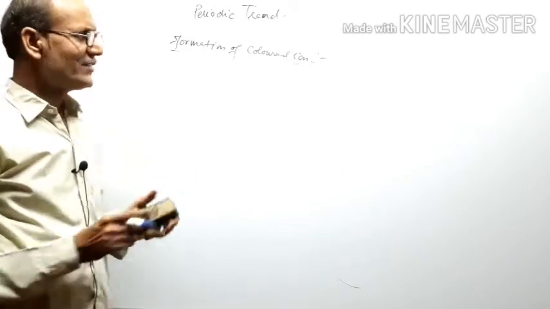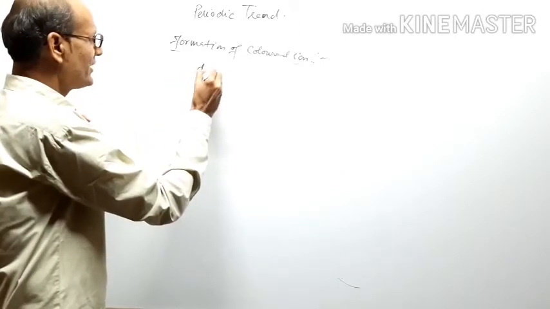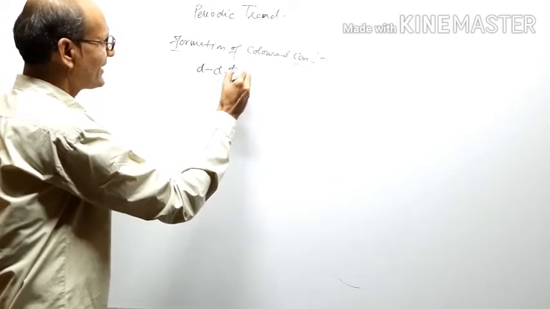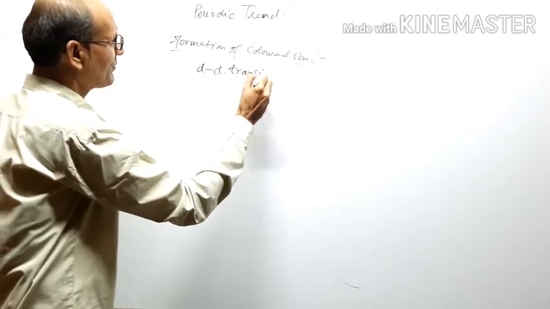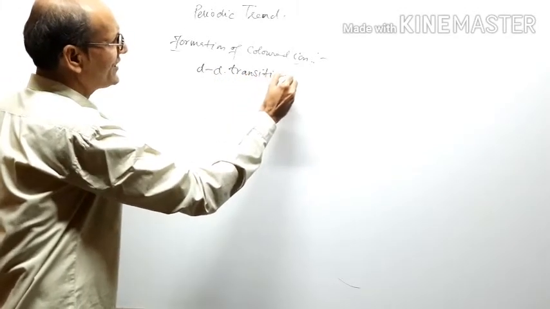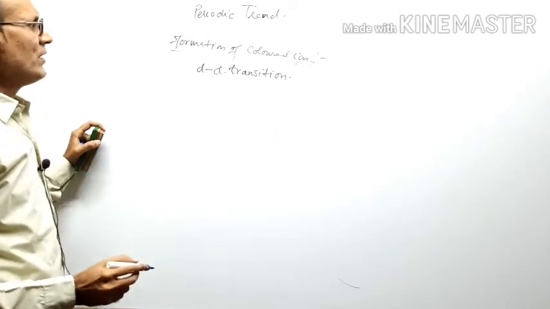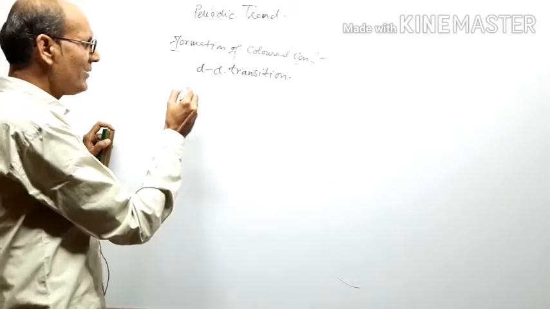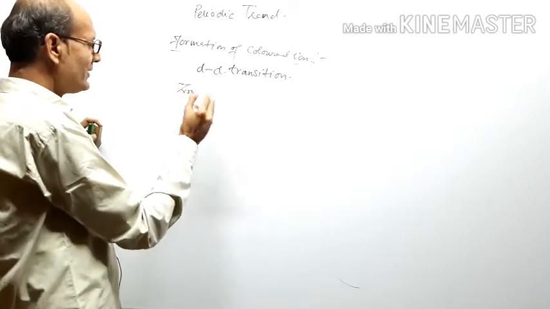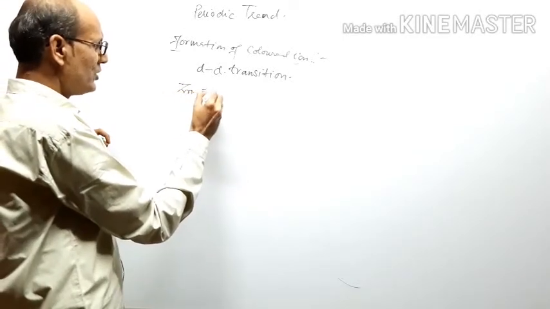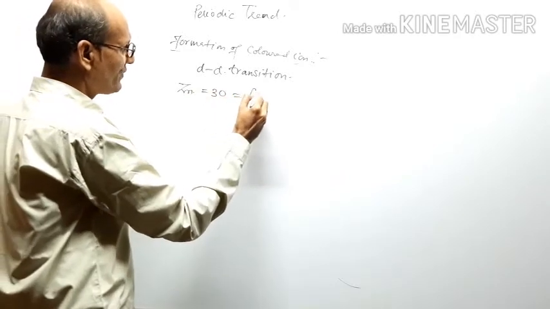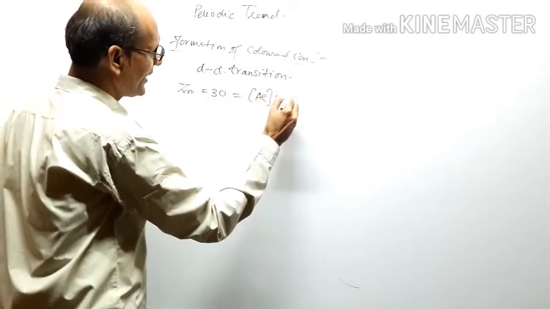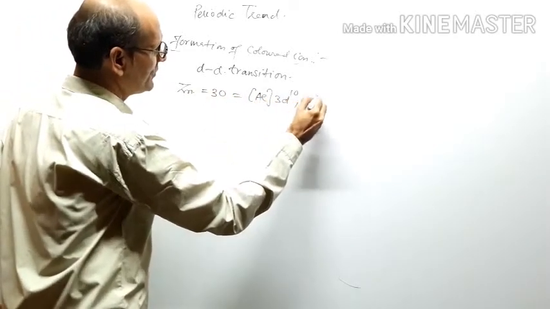Due to d-d transition, that means an electron jumps from one type of d orbital to another type of d orbital, the ions show color. For example, take Zn. Its atomic number is 30, and its electronic configuration is [Ar] 3d10 4s2.